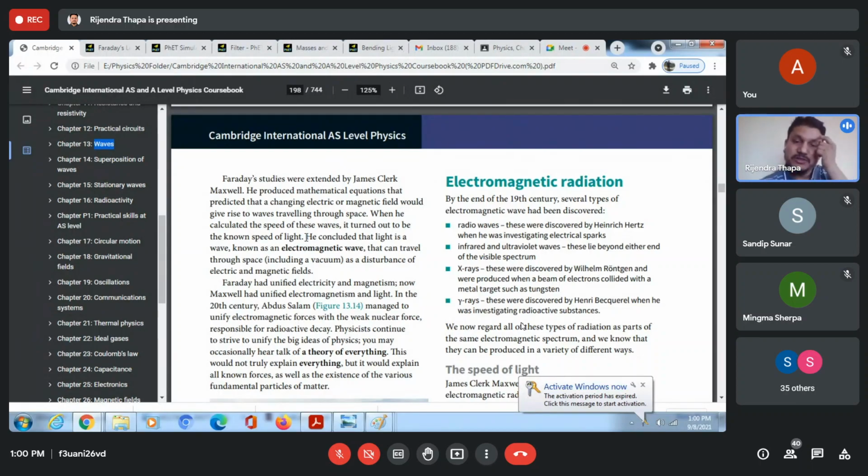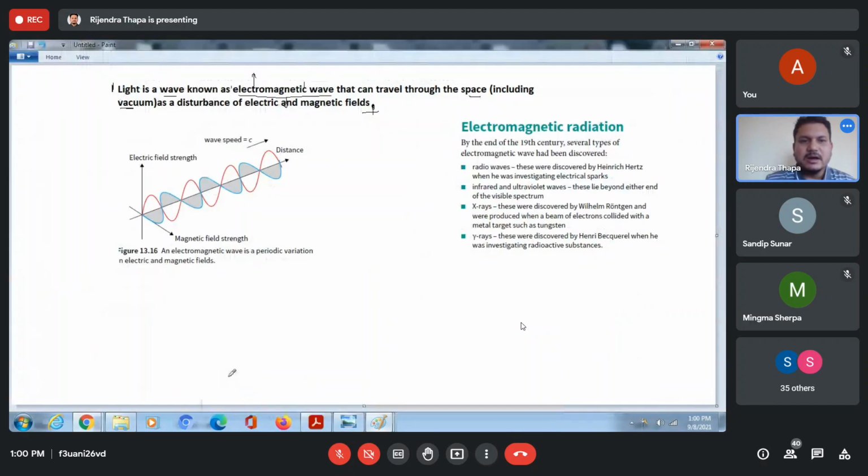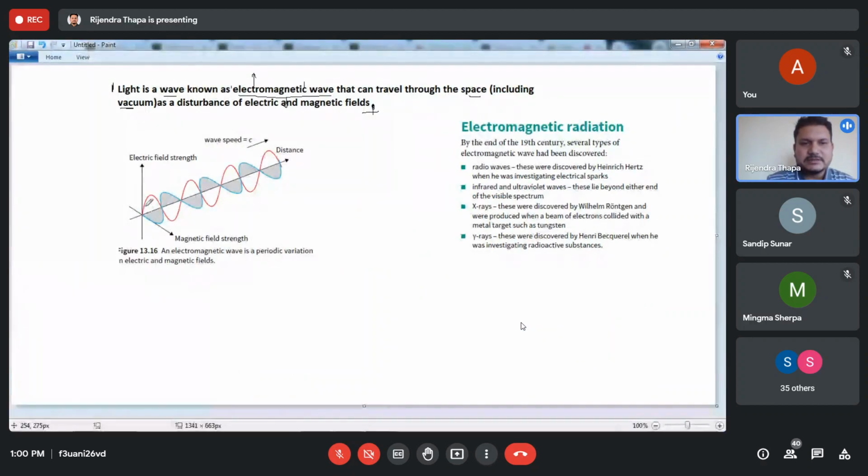Finally, let's try to see this one. Suppose this is the electric field, or the field created because of the oscillating charge. When the charges oscillate, this will create a magnetic field, and the magnetic field in turn will create the electric field.